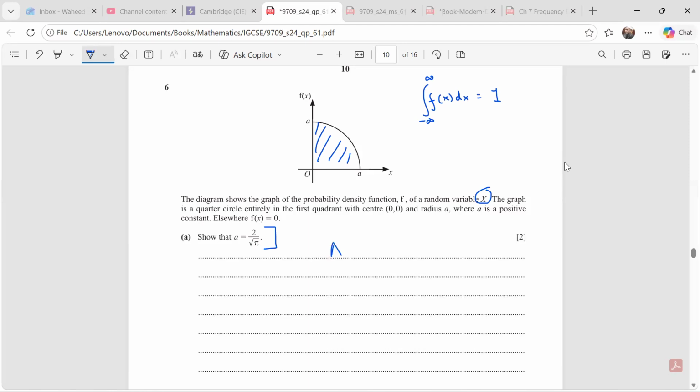The area is pi r squared. r is a here, so pi a squared, and since it's a quarter of a circle, divide by 4, and this has to be equal to 1. So a squared is equal to 4 over pi, and a is equal to 2 over root pi. This is what we need to prove here. This was fairly simple.